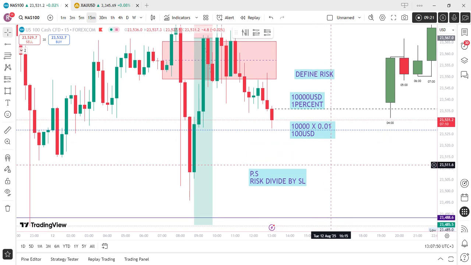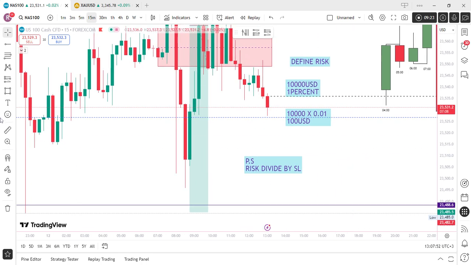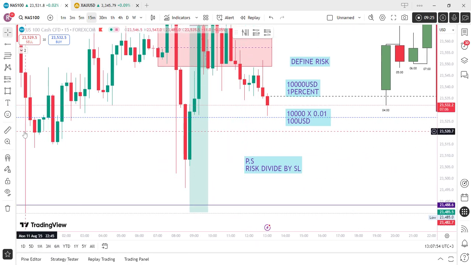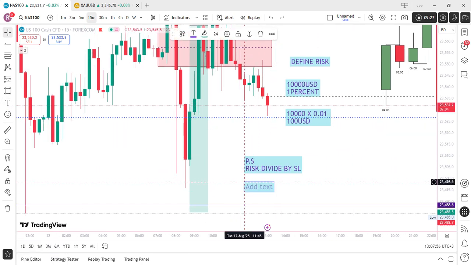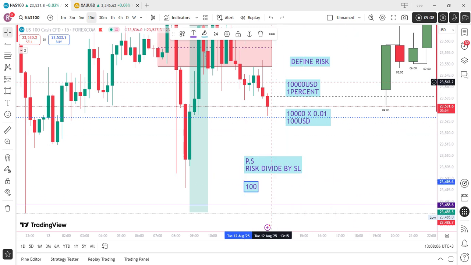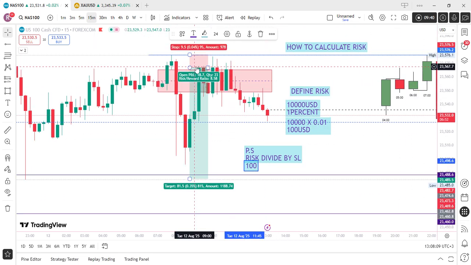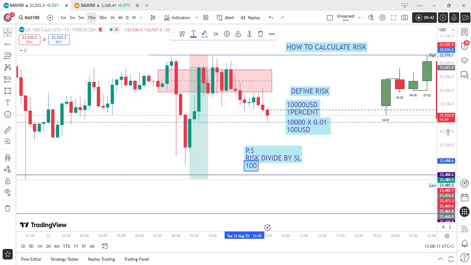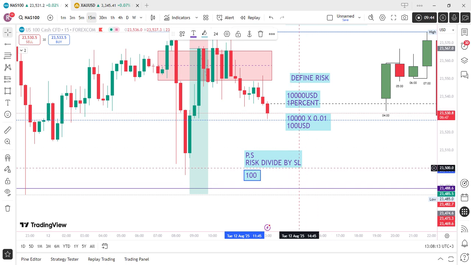To get the position size, we take the $100, then divide it by the stop loss. Assuming our stop loss here is 50 points, we're going to be dividing that 100.